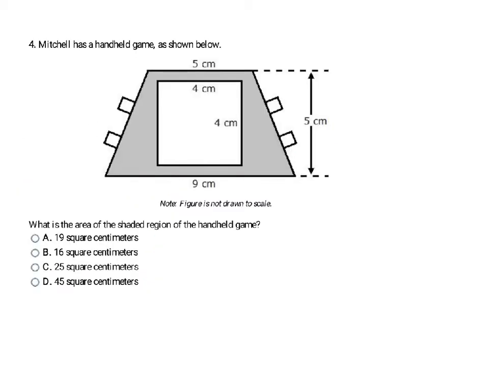Now we're going to be looking at problems where we're finding areas of irregular figures, so we don't have formulas for them. So to find the areas of these, we're going to have to find the total area, and then we subtract that, so minus the missing piece or pieces.